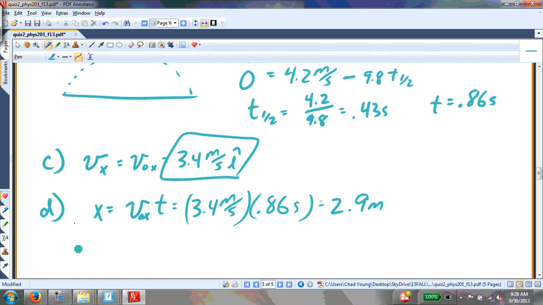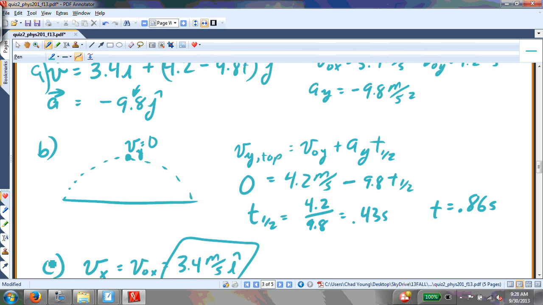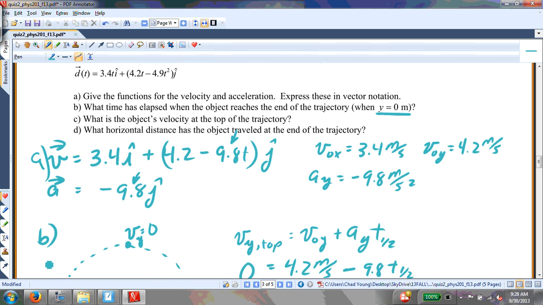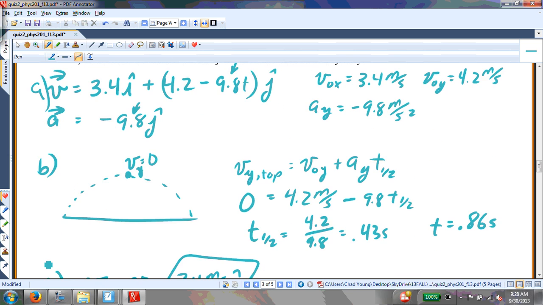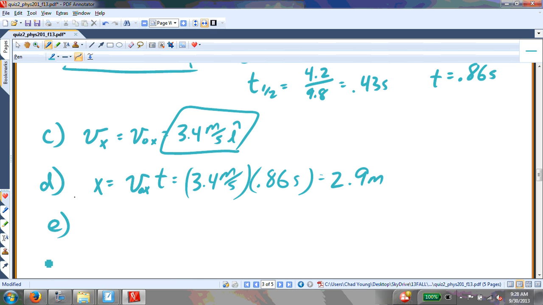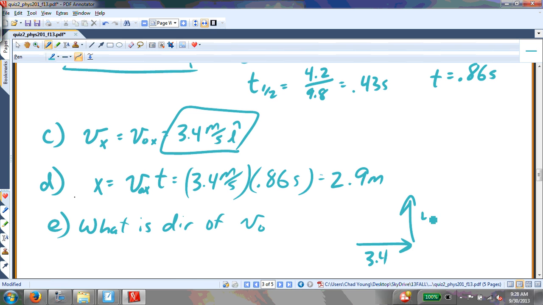And then finally for part E, I wanted to know what is the direction of V naught. So I added this later. I know its x and its y components. My x component was 3.4. Y component was 4.2.